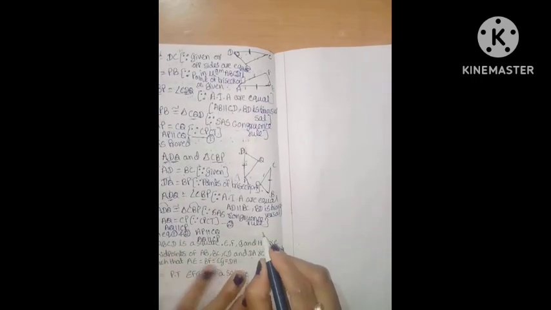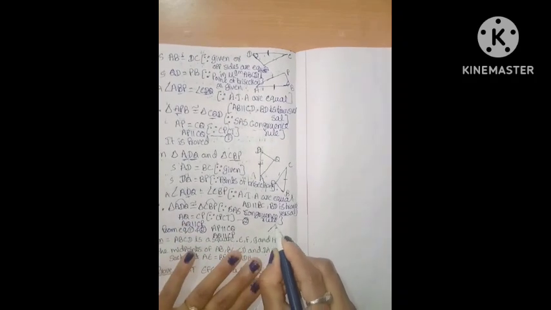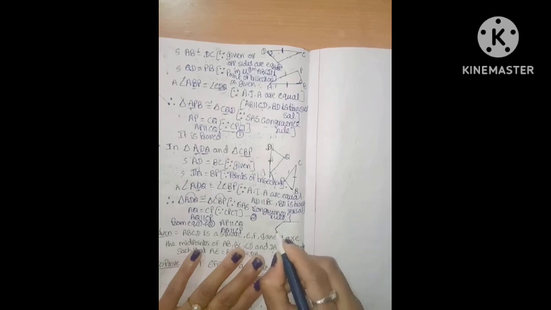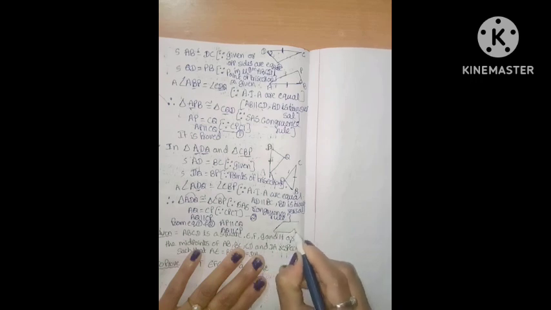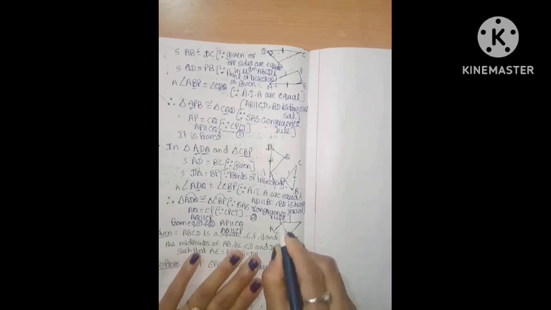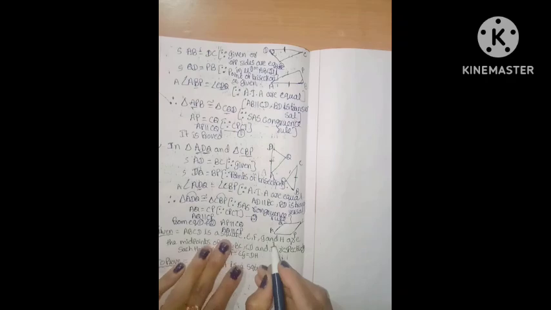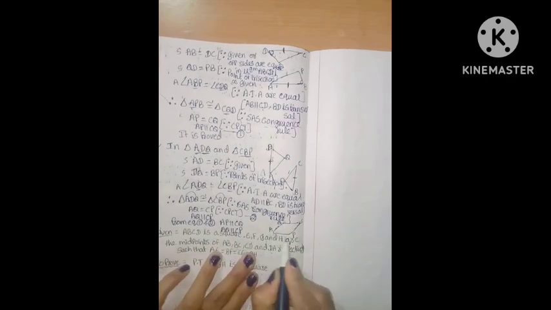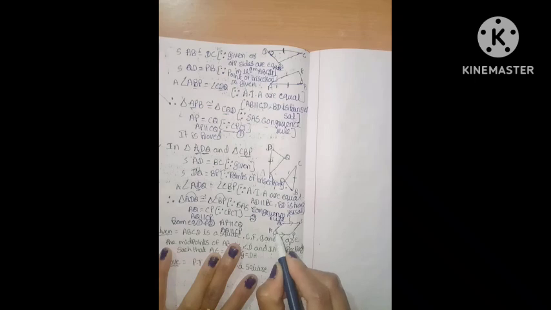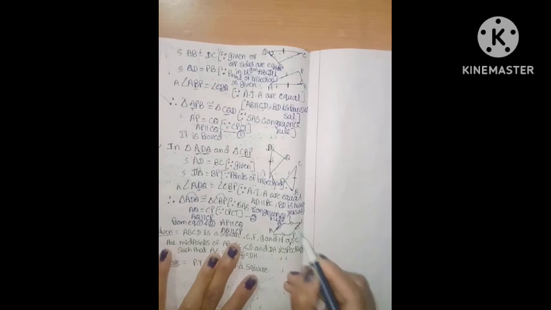So let us take another figure. You can draw it here. This is the third figure, inside this figure only: AQCP. Here AP is parallel to CQ, already proved, and AQ is parallel to CP.